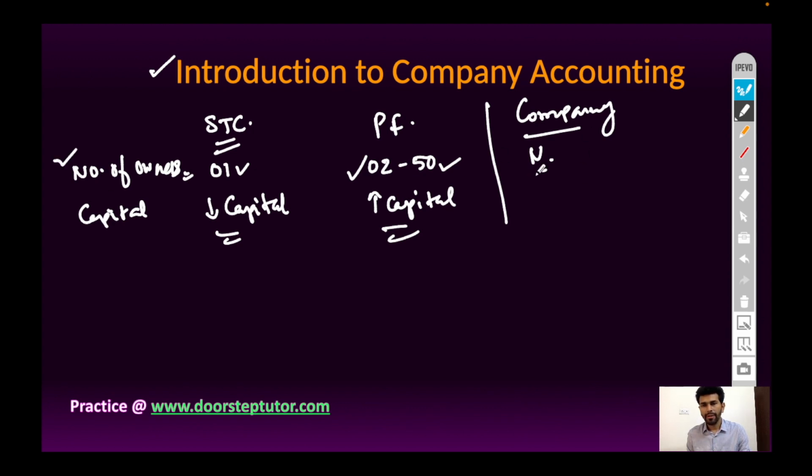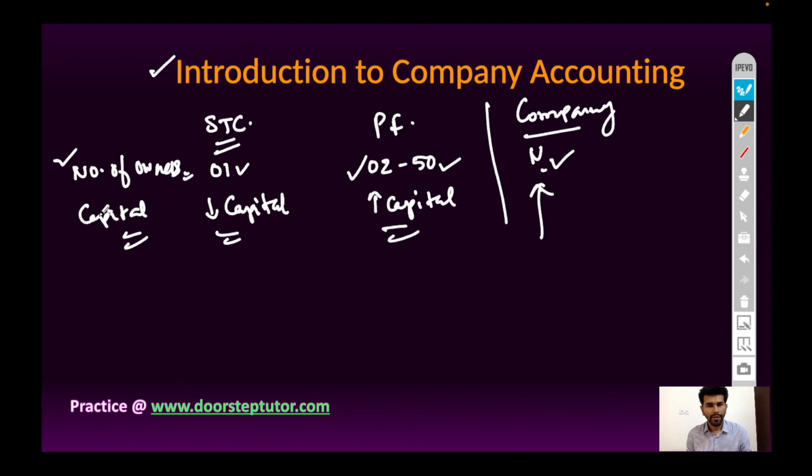It means there are thousands and lakhs of members available in case of company form of business organization, specifically public limited company. Hence, the overall capital will be larger as compared to any other type of business organization, such as sole trading, partnership, Hindu undivided family, and cooperative society, etc.